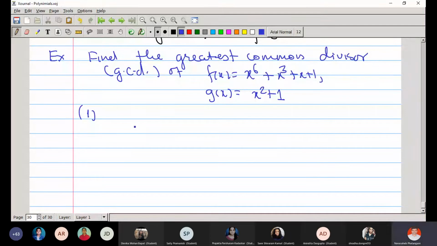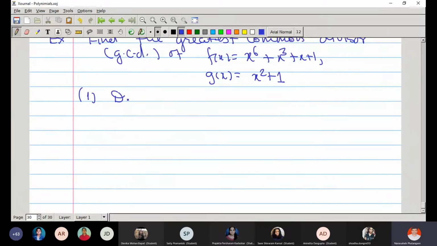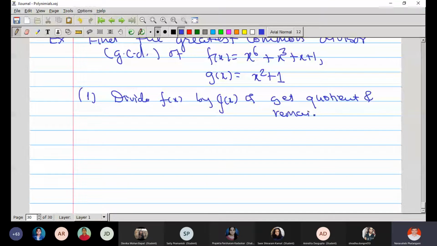So divide f(x) by g(x) and get quotient and remainder. This is the procedure.